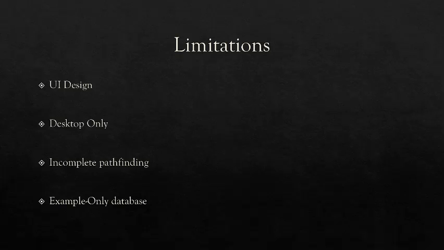Another limitation of my application is that my pathfinding algorithm only finds the shortest path to the next item in my grocery list, instead of finding the whole path through the store, with the path linking every item on the graph, starting at the entrance and ending at the checkout. The last limitation for my app is that I was unable to secure a real-world grocery store database.